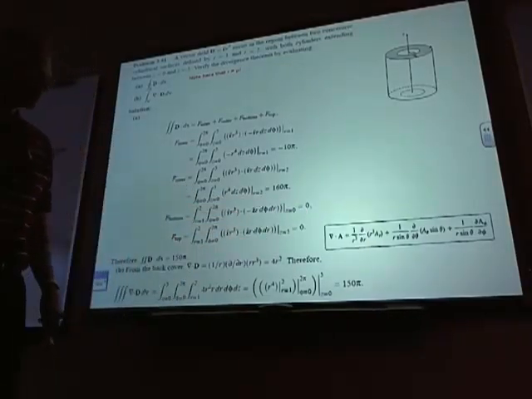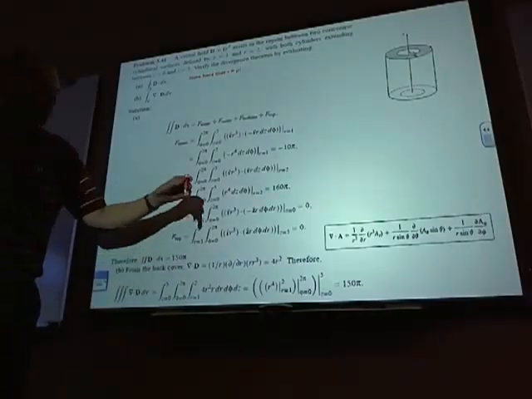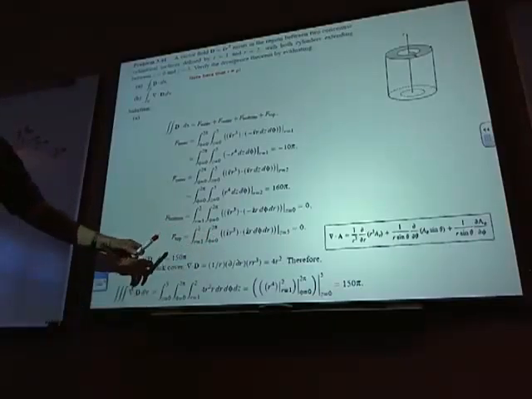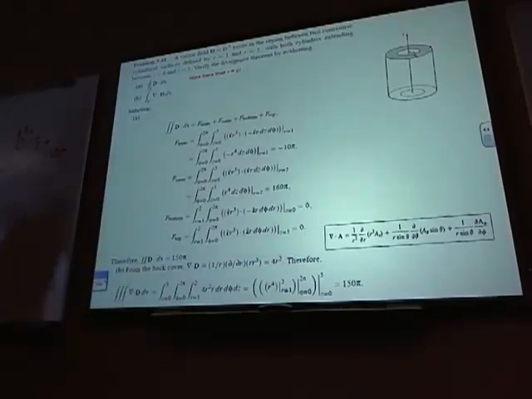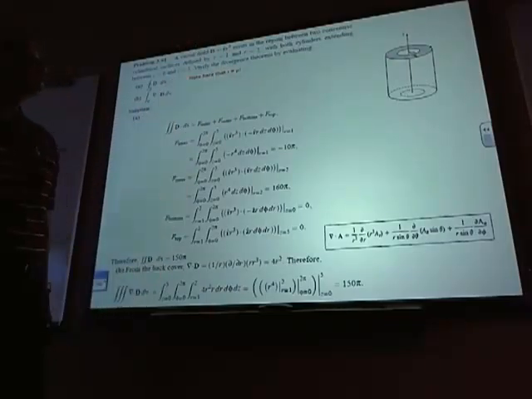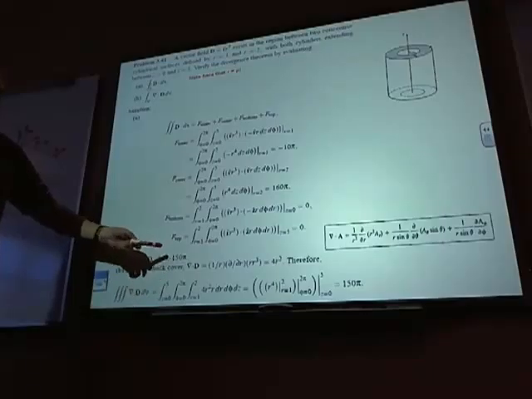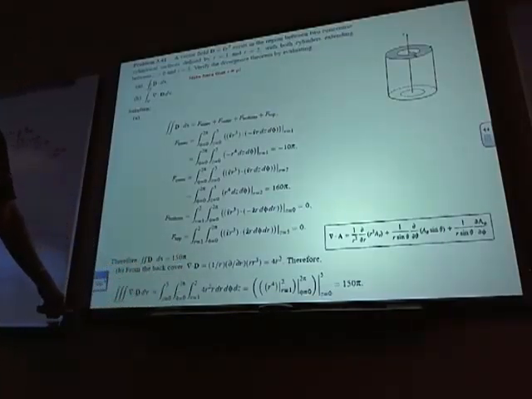The same thing is true at the bottom, except it goes in the other direction, or you can flip your limits around. But you get 0 for the top and the bottom, simply because they're going in the z direction, and there's no z component here at all. So the only two components you have are the inner and the outer. You integrate those, add them together, and you get 150 pi.